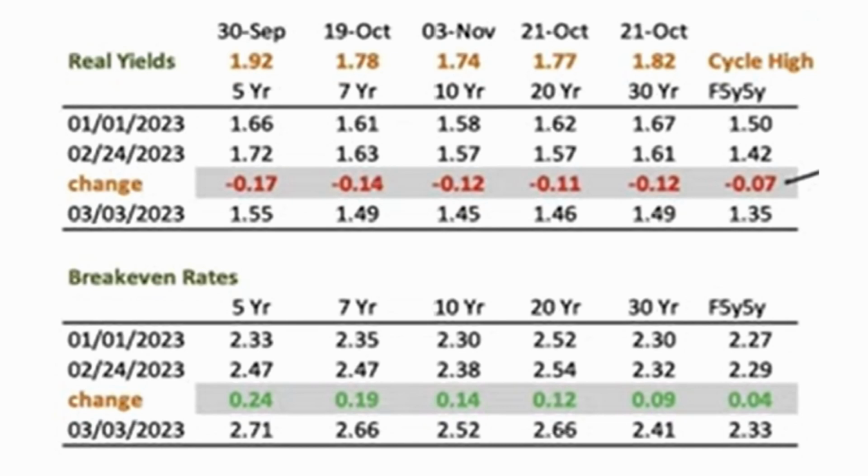So if we see here, for example, a real yield in a 5-year, as of 3/3/2023, would be 1.55. Basically it means if inflation is, again, 4%, you get 104 back from your principal plus a yield of 1.55.